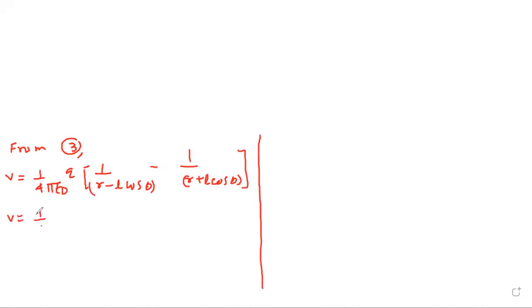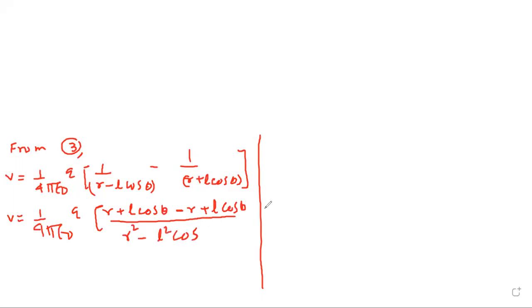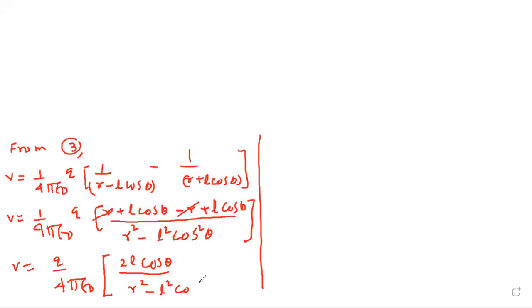So V equals 1 upon 4 pi epsilon naught Q, R plus L cos theta minus of this, when you multiply, minus R plus L cos theta, upon R square minus L square cos square theta, plus R minus R will get cancelled. So Q upon 4 pi epsilon naught, 2L cos theta upon R square minus L square cos square theta.